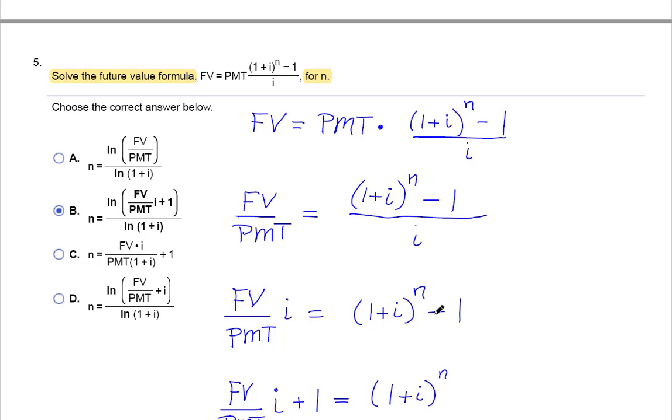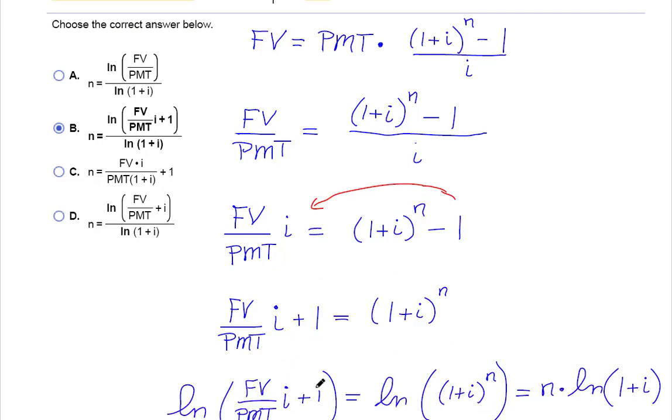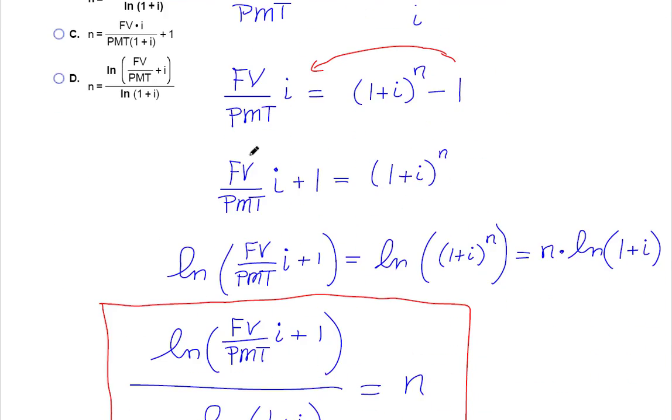So now I can add 1 to both sides because I want to move this over to the left. Okay, so it's a minus. It would become a plus as you move to the left. So now that I've got this as something raised to a power, take the natural log of both sides.